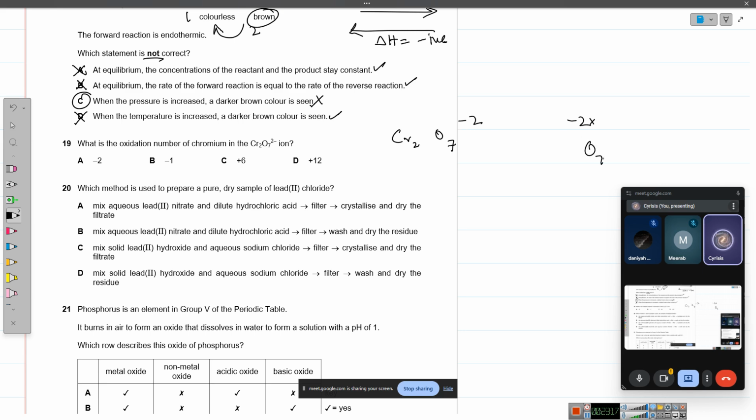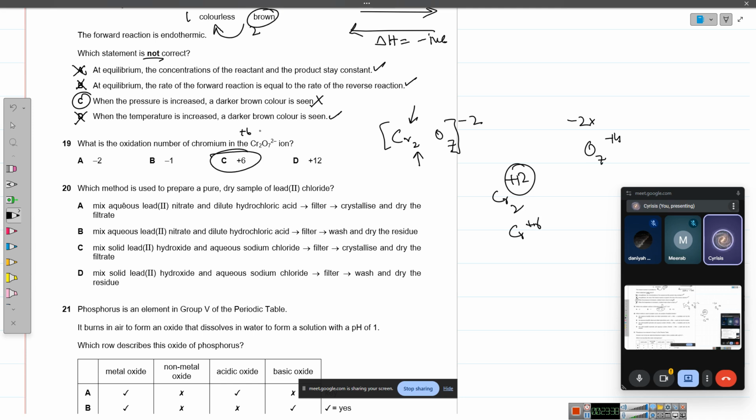Remember, O7 should have minus 14, but the ion as a whole has minus 2 charge. That means the remaining charge is contributed by chromium. The 2 chromium atoms are providing plus 12 charge, and since there are 2 atoms, each one is going to be plus 6, so the oxidation state is plus 6, right?